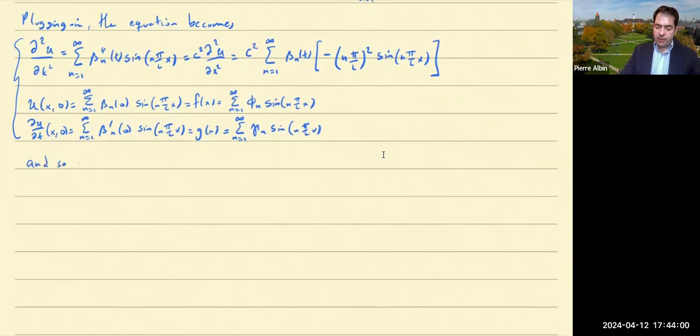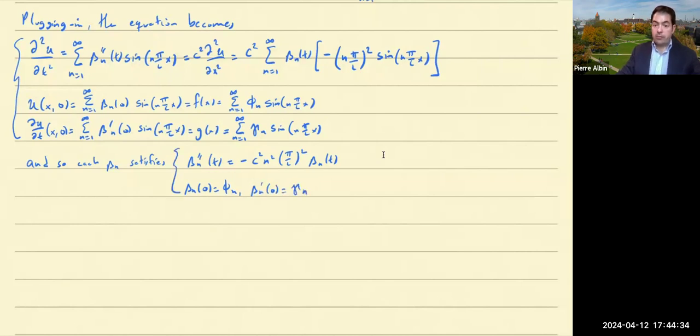And so each beta n satisfies, just comparing coefficients of sine n pi over L x, this boundary value problem, actually initial value problem for this ODE.